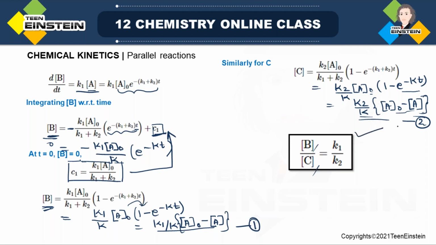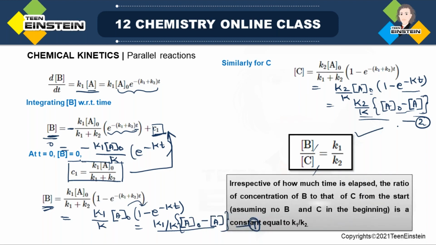So this relationship is very important because one conclusion we can draw is that irrespective of how much time has elapsed, this ratio of concentration of B by C, from the initial point where we assumed that at t equal to 0 there is no B and C, is equal to K1 by K2. That means it is a constant and it is not dependent on time.